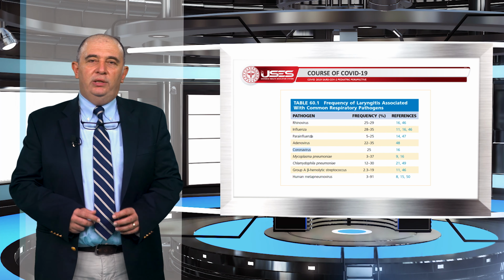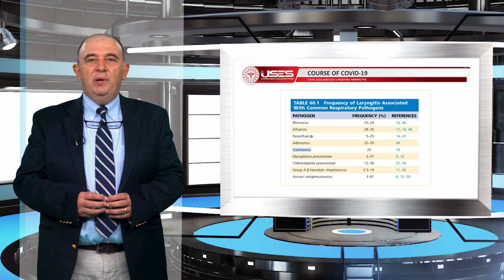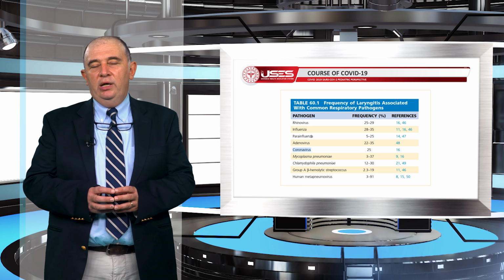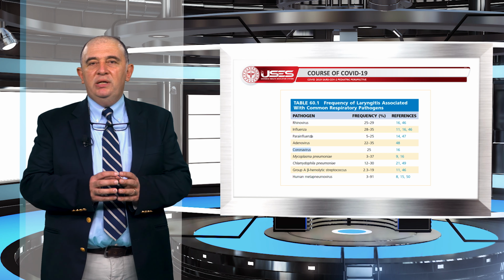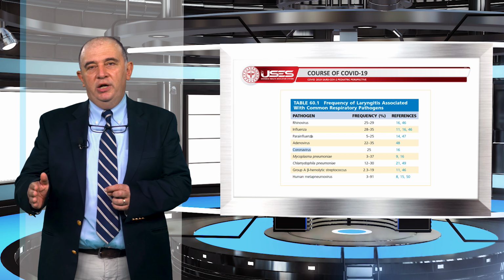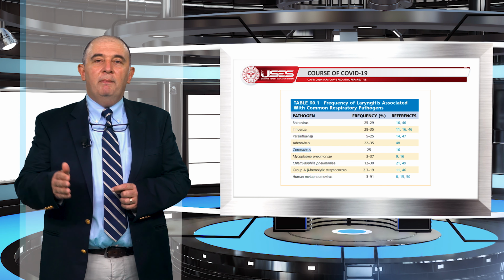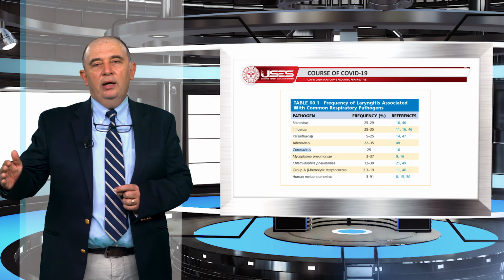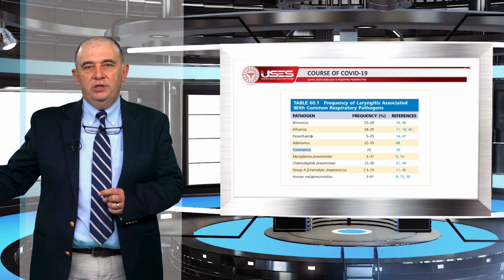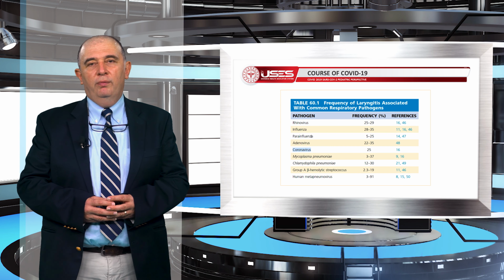I will talk about this later because SARS-CoV-2, also a coronavirus, can sometimes result in laryngitis, sometimes upper respiratory tract infections in pediatric patients, but mainly lower respiratory tract infections.